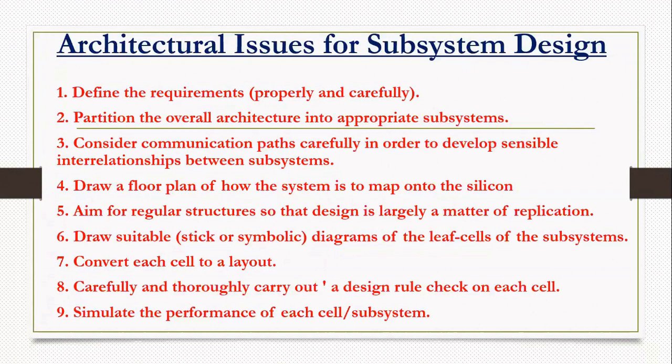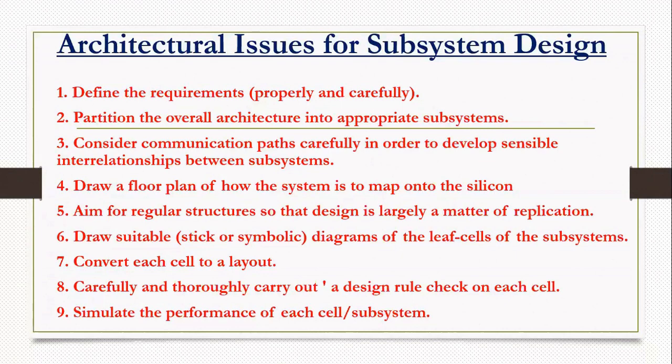Logical modules like AND, OR, NOT, NAND, NOR, etc. So we'll have to partition the ALU into smaller blocks, and then we need to know how they have to communicate. Once the communication path is known for the modules, we'll have to draw a floor plan of how it has to be fabricated onto the silicon.